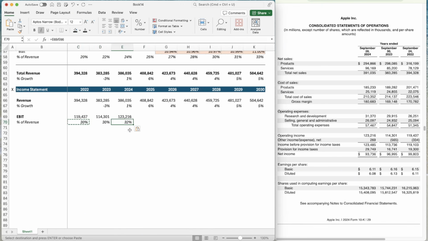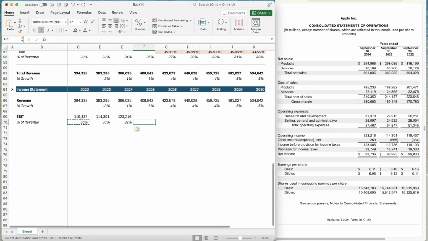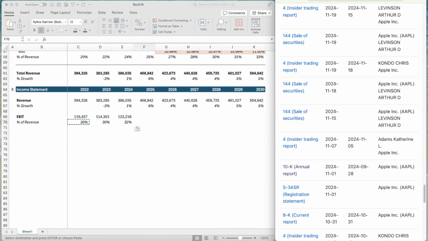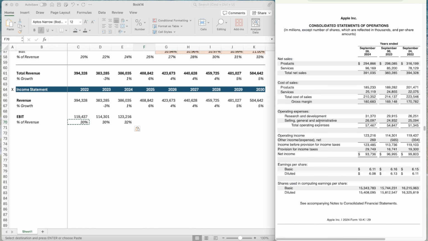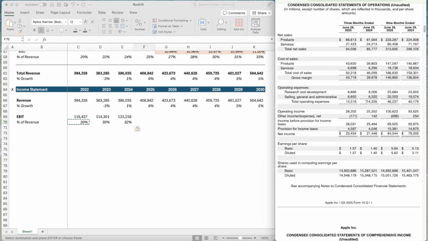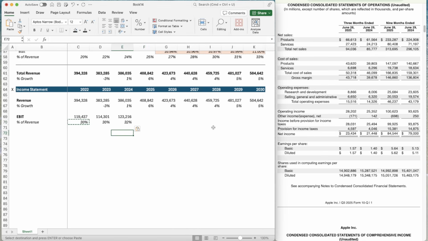But yeah, I mean, this is huge, 32% on such a large company, and we'll talk about why that is the case in a second. But let's just do it for 2025. So 123,216 divided by 93,625. 1.31605874.